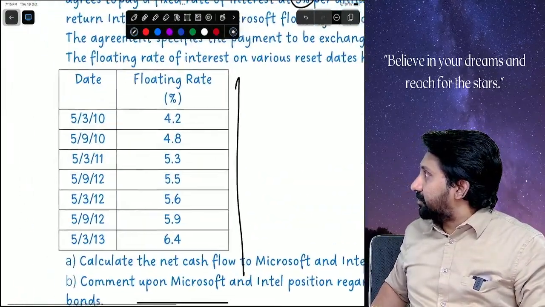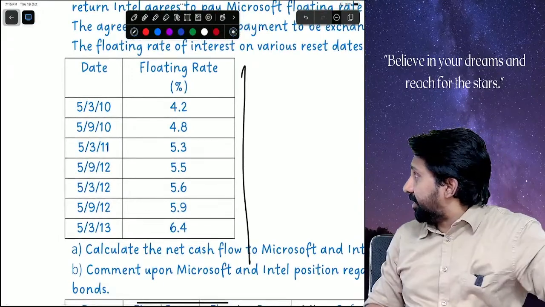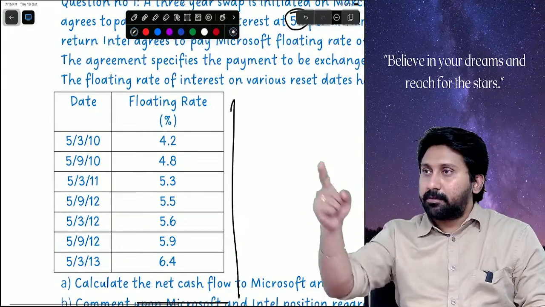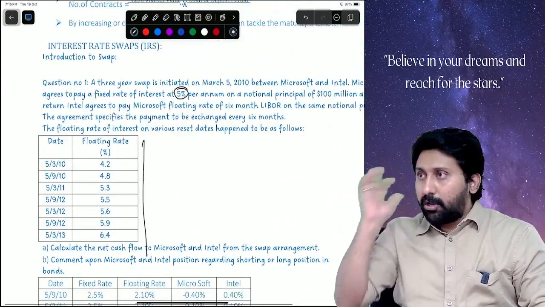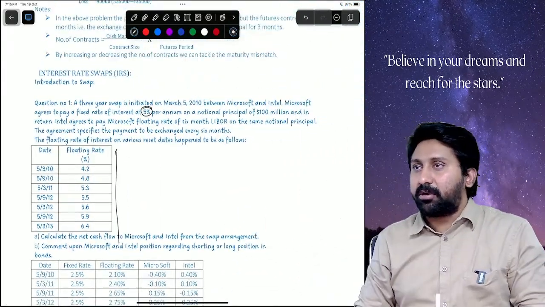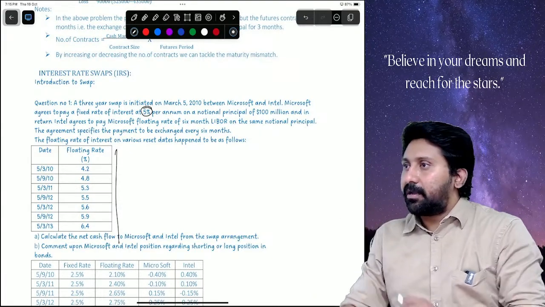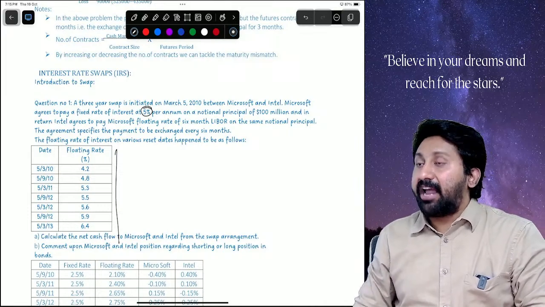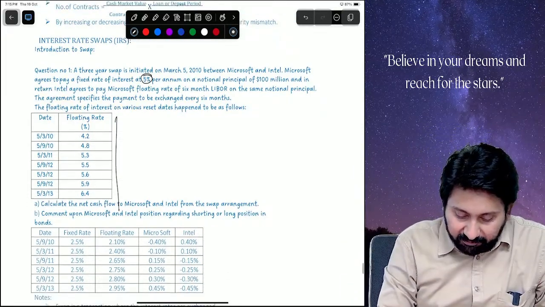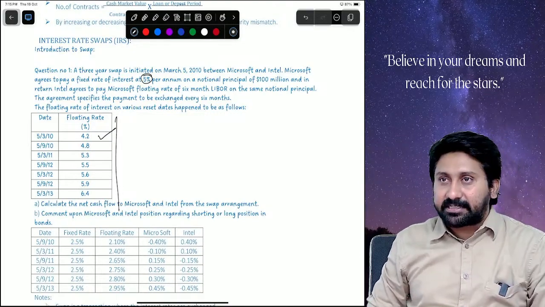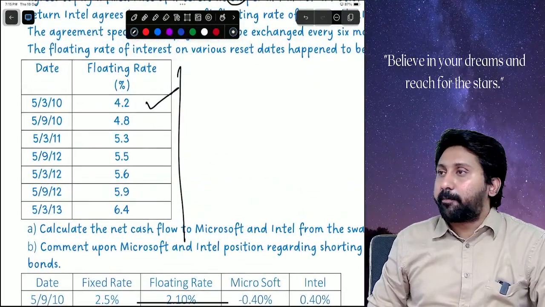See the screen once. I will give you one question. Listen. You took a floating rate loan. You went to the bank. On day number 1, the bank said, I am fixing your rate of interest at 4.2%.